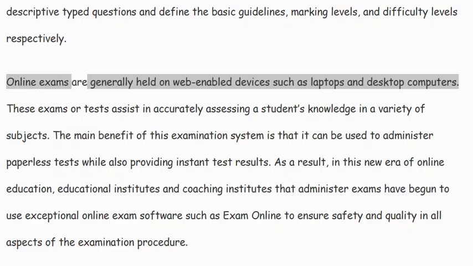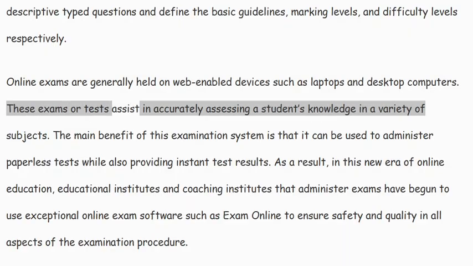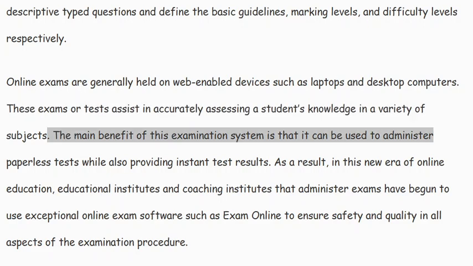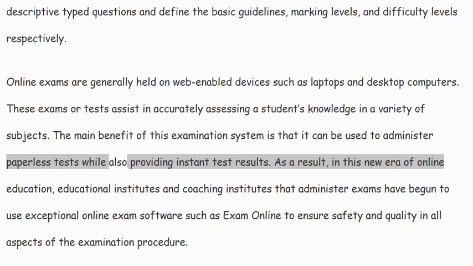Online exams are generally held on web-enabled devices such as laptops and desktop computers. These exams or tests assist in accurately assessing a student's knowledge in a variety of subjects. The main benefit of this examination system is that it can be used to administer paperless tests while also providing instant test results.